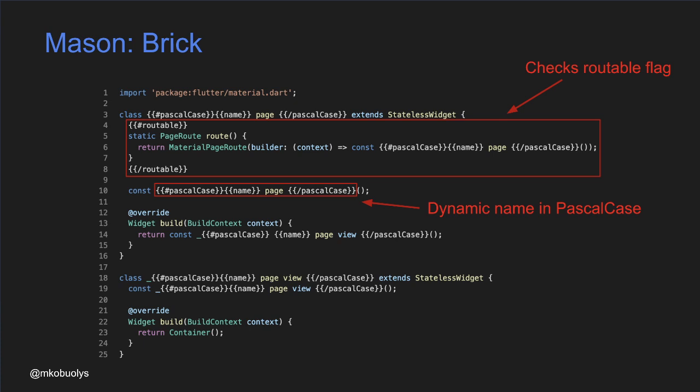And also, as I mentioned previously, we need some kind of flag to define that a specific section should be generated or not. So we call this flag routable. If it's true, the section between these routable keywords would be generated. If not, this specific section would be skipped and the code won't be generated there.